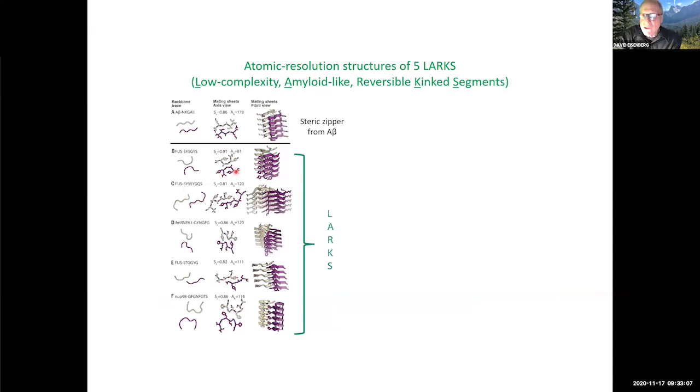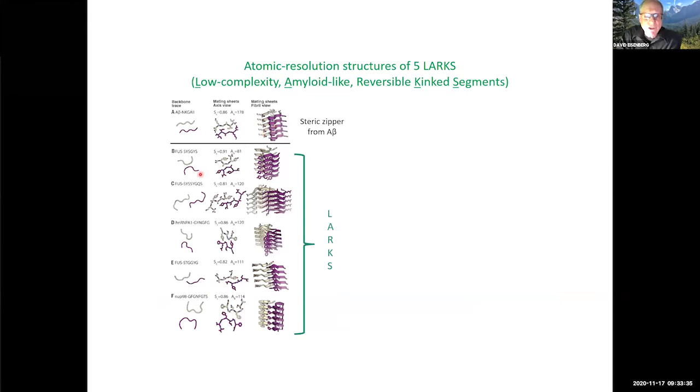These structures, now they're just segments. They're 6 to 10 residue segments of the structure, and they're quite different from steric zippers. So here's a steric zipper from amyloid beta at the top, and if we look at just the backbone, it's the pleated sheet, Pauling's pleated sheet, and the two segments form these zipped up structures with interdigitating side chains, and this is a very stable structure.